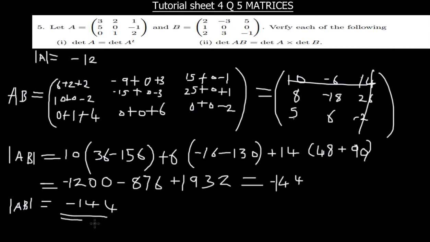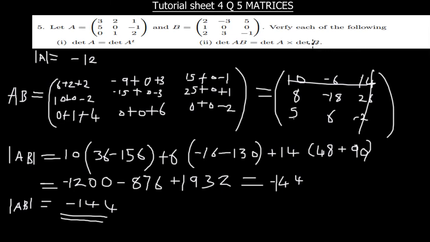Now, the question is saying verify that the determinant of AB is equal to the determinant of A times the determinant of B. We already have the determinant of A, which is negative 12, and we found the determinant of AB to be negative 144. So now it's time for us to find the determinant of B, so that we multiply it to see if it gives us negative 144.